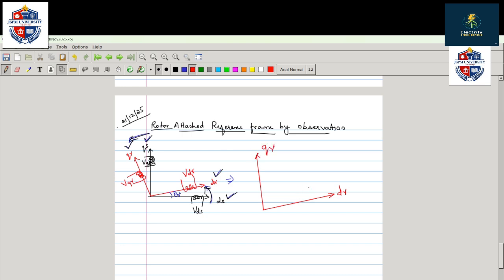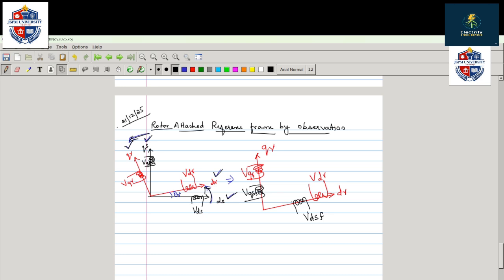Already we have the rotor voltages vdr and vqr, and we are moving ds to this dr. Let me take another color, black, for the stator, which is fictitious here, so I am writing vdsf, and similarly vqsf.